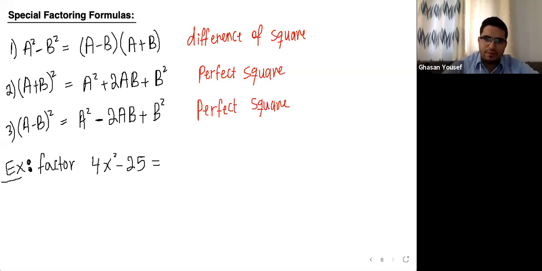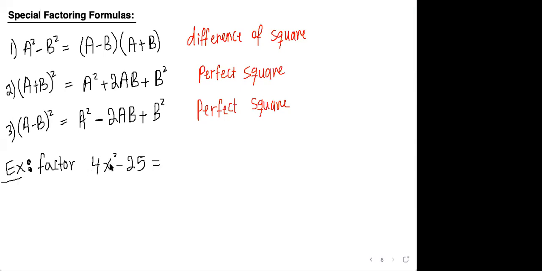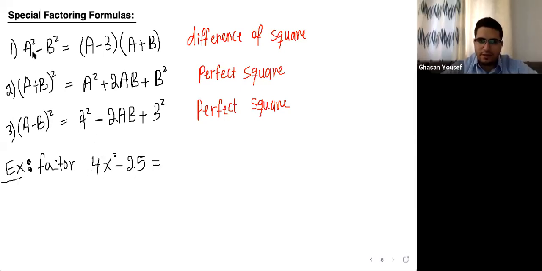So I can change this one and make it the same as the first formula. I can write it as 2x everything square minus 5 everything square. So this is exactly like the first one, the difference of square.